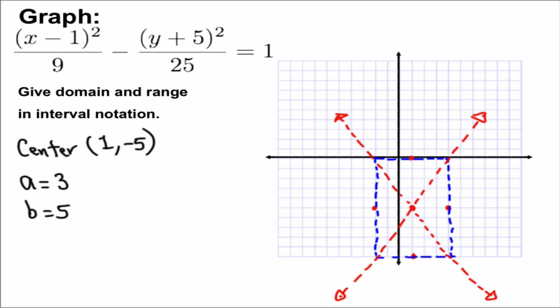Now to finish this, since this is going to open sideways, we're going to go to the vertical side of our rectangle to the midpoint, and then draw the branches of the hyperbola. But make sure that we do not cross those extended diagonals. And one from this side.